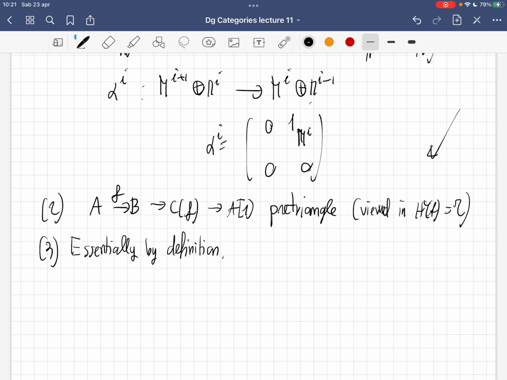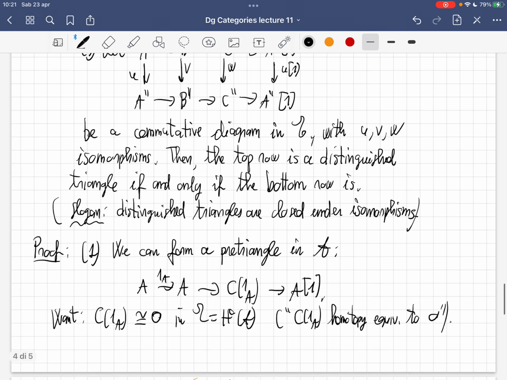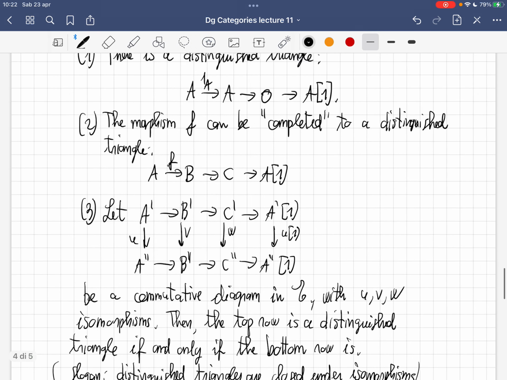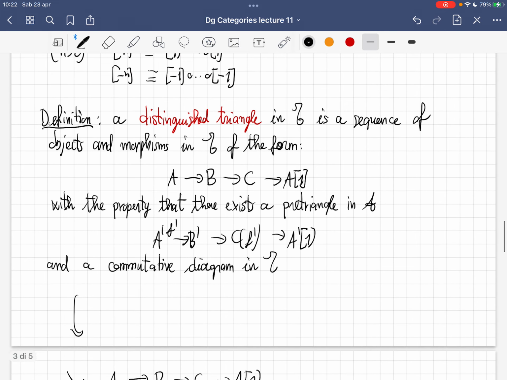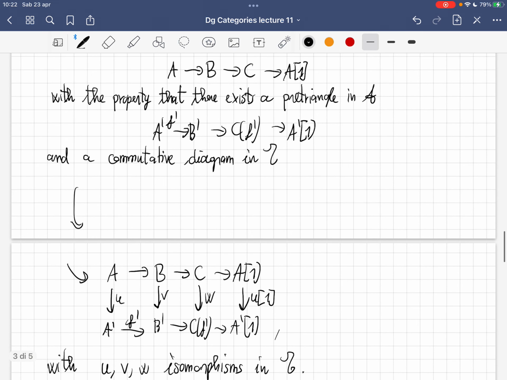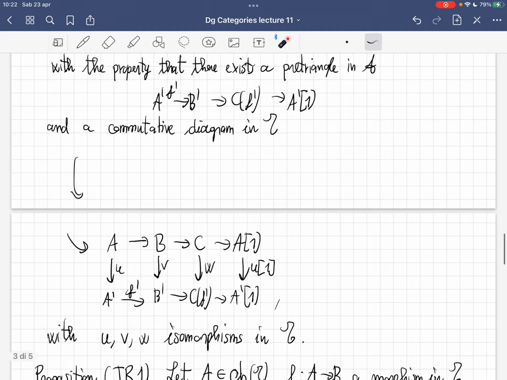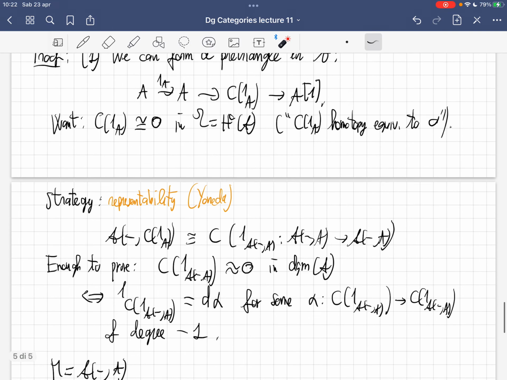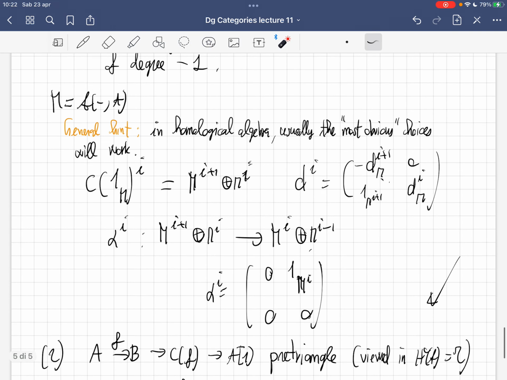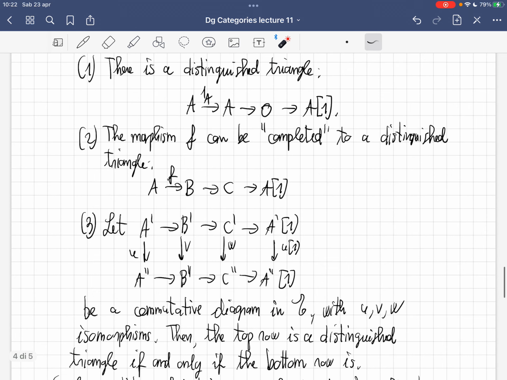how did I define distinguished triangles? If you look at the way they are defined, any distinguished triangle is isomorphic to a pretriangle. Fortunately, composing isomorphisms also gives an isomorphism.